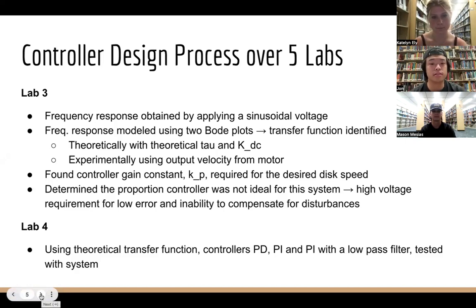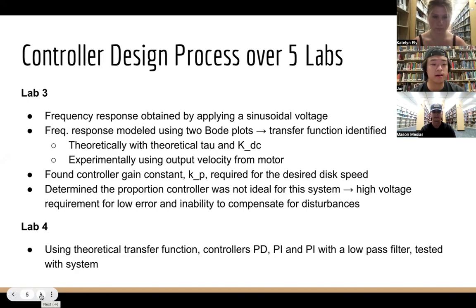And then using these plots, we were able to find our transfer function. We also found our proportional controller gain constant K sub p for the desired disk speed. And then over the course of this lab, we determined that the proportional controller was not ideal for the system due to the high voltage requirement to minimize error and its inability to compensate for disturbances.